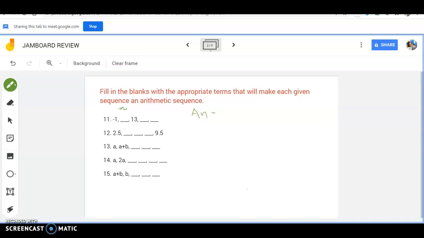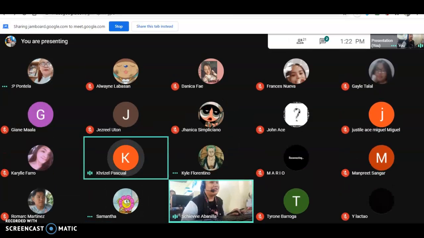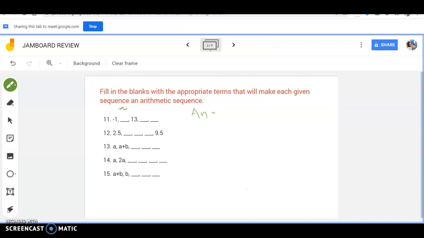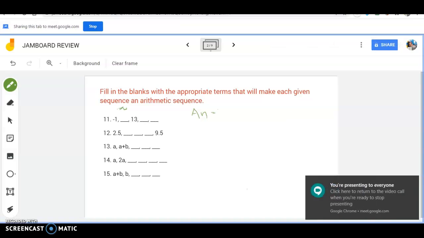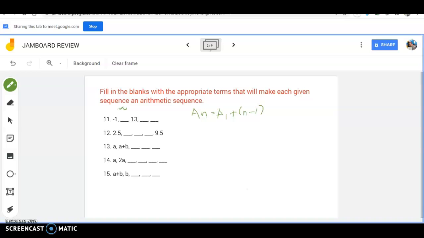Who remembers the formula of our arithmetic mean? Yes, Sam. Okay, a sub 1 plus n minus 1 times d. D is our common difference.